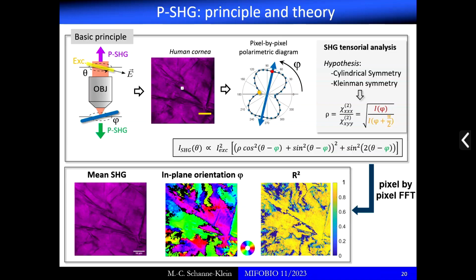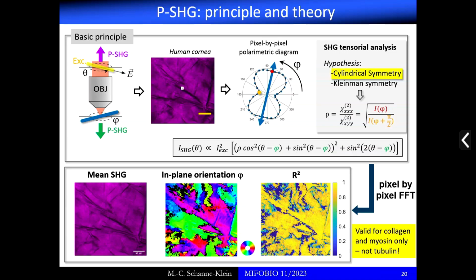So you see that there are also black pixels that correspond to pixels where the quality of the signal is very low, because, for example, there are some cells here, so no collagen, and we have to filter out these pixels.